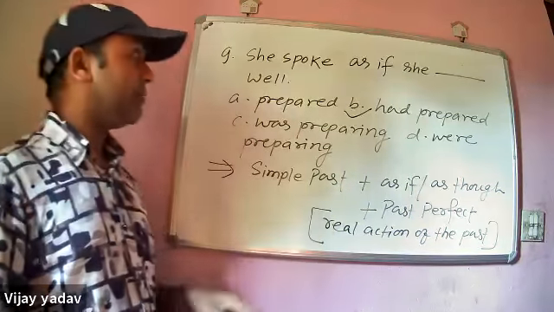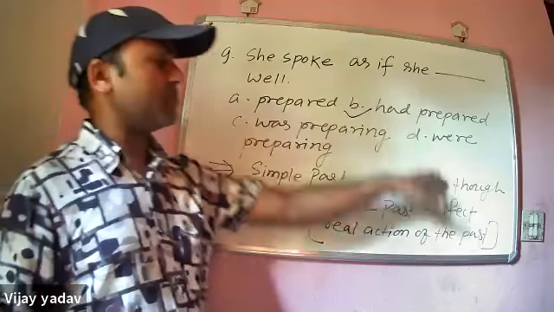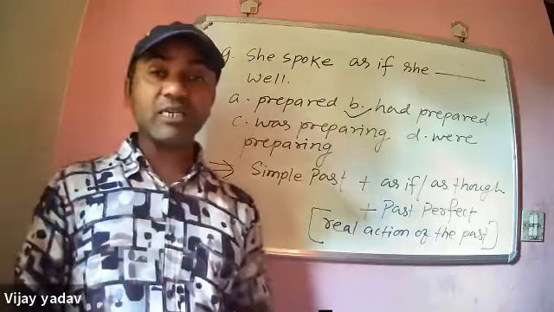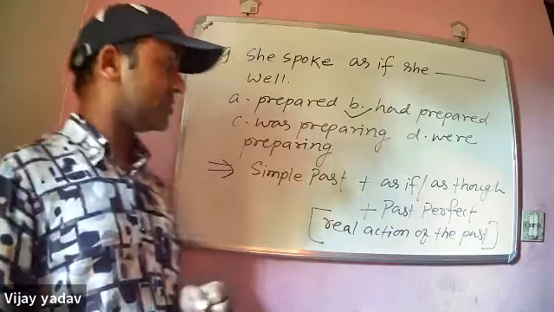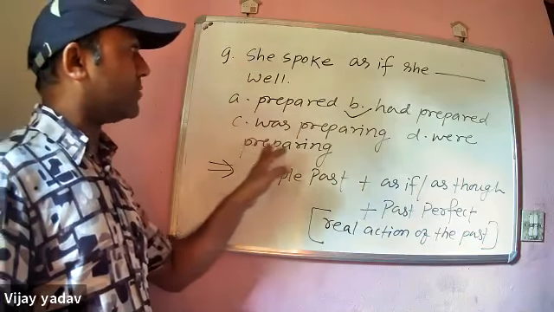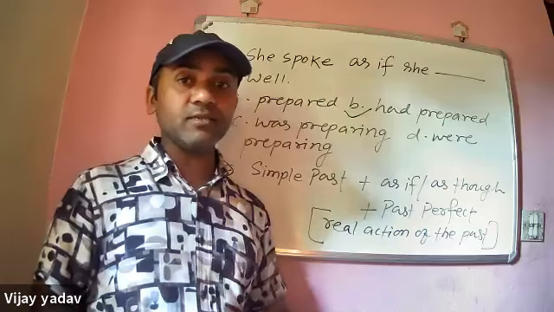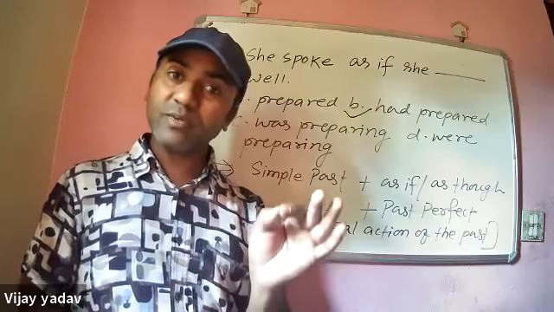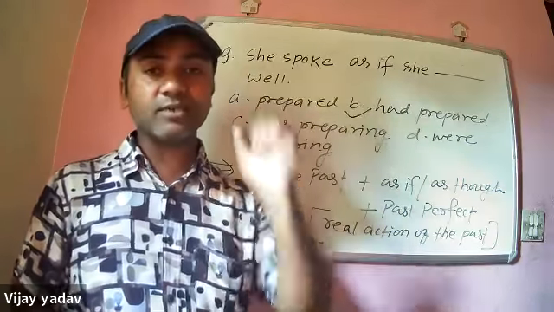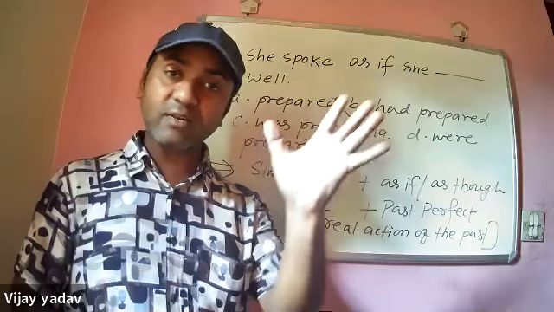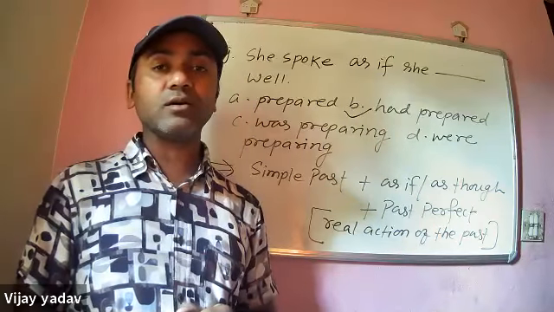But here, simple past and past perfect, it expresses a real action of the past. She spoke as if she had prepared well. It means really she had prepared well. This is the meaning. Is it clear?